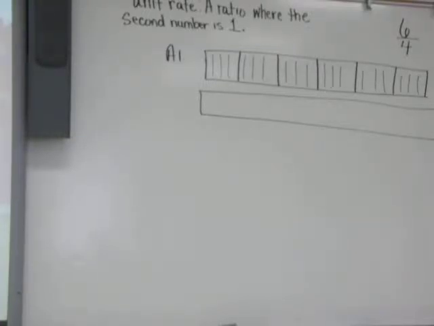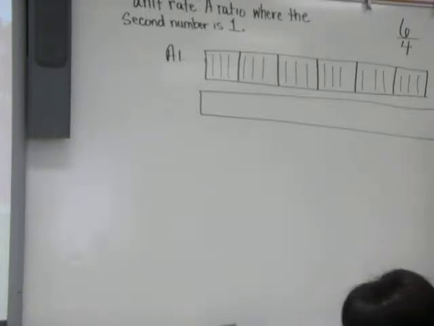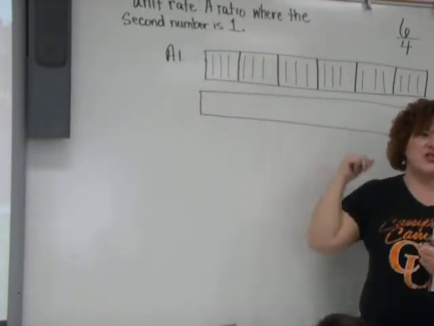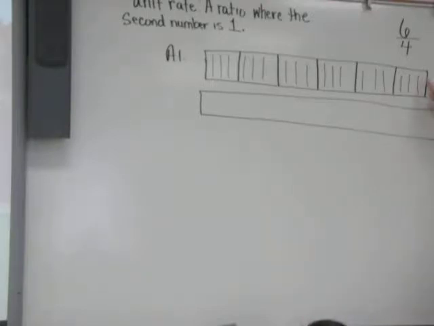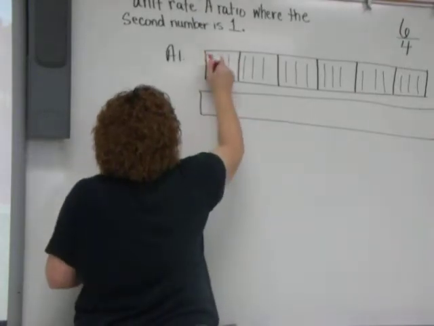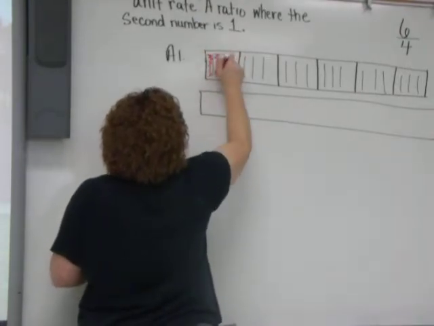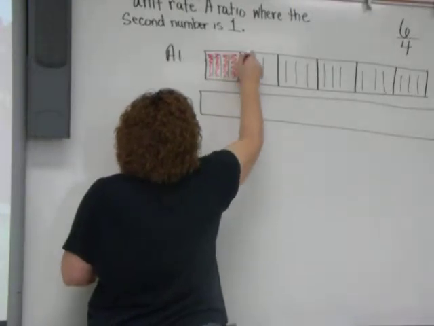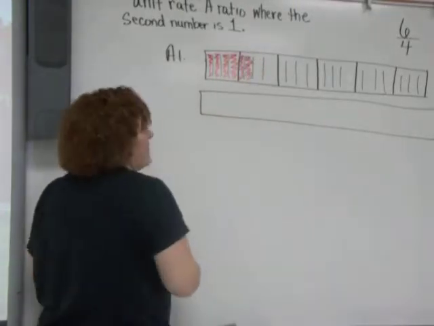We're on A1. What we have done is we have broken this whole gummy worm up into fourths. Each person gets 6 fourths. So what you're going to do is shade in 1, 2, 3, 4, 5, 6 of those fourths.